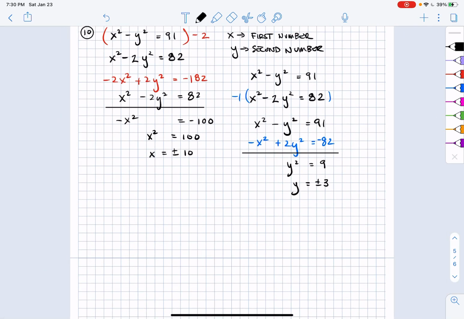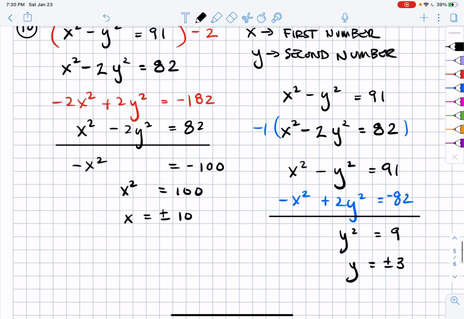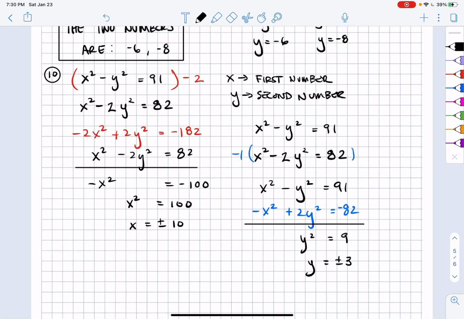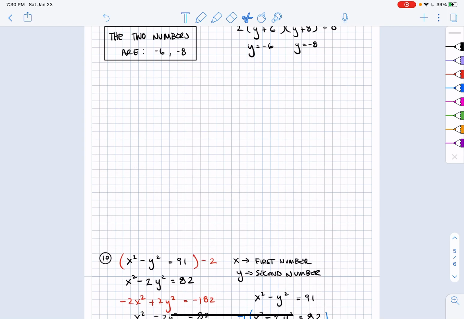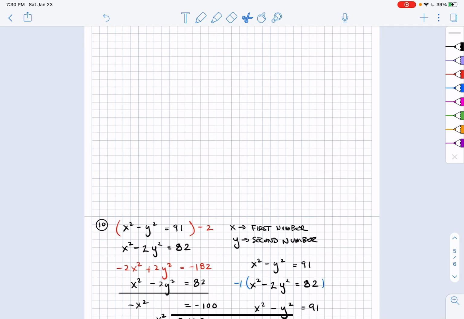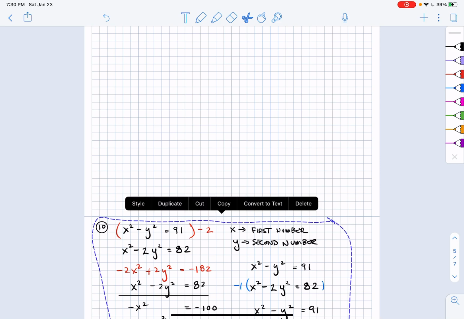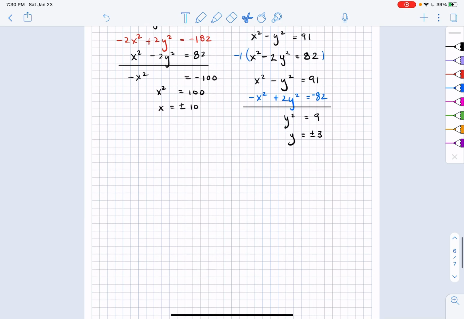Guess what I got to do? Actually, before I even do that, I already know what I got to do. I'm going to need to go to a new page anyway, so I might as well just move that right to the new page.